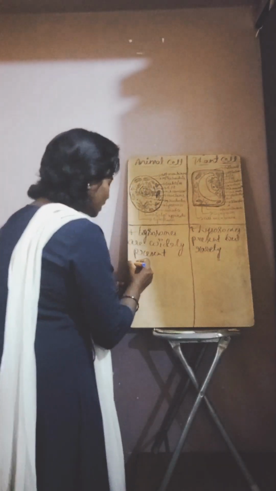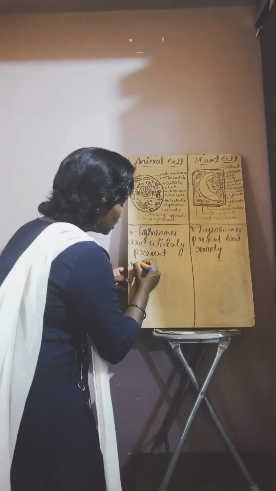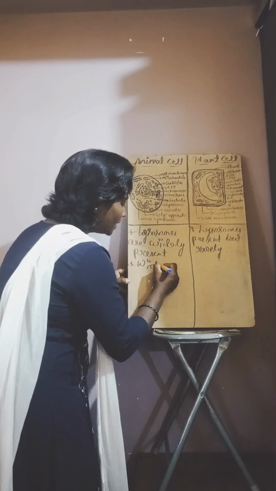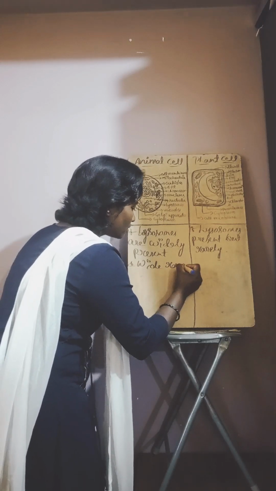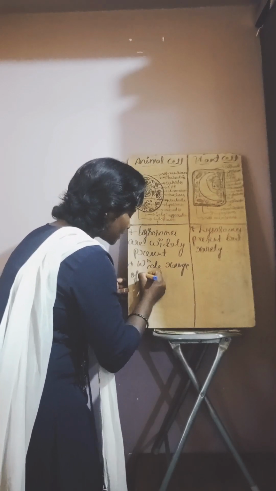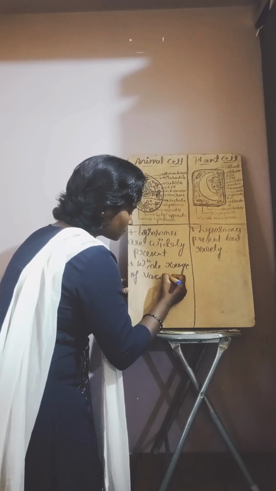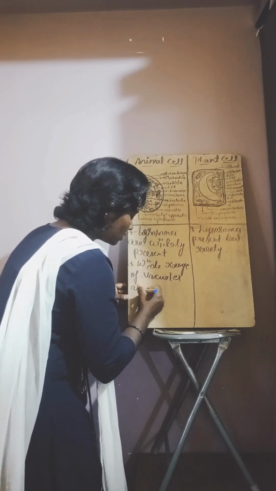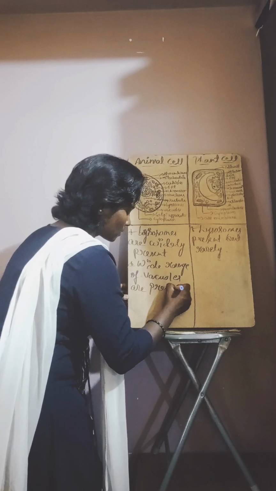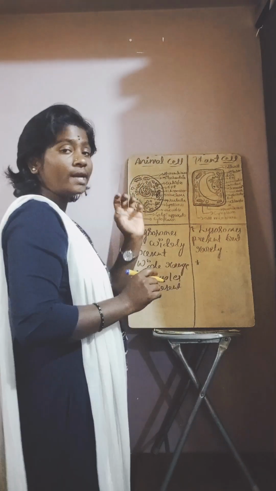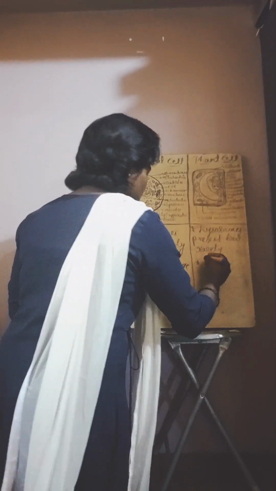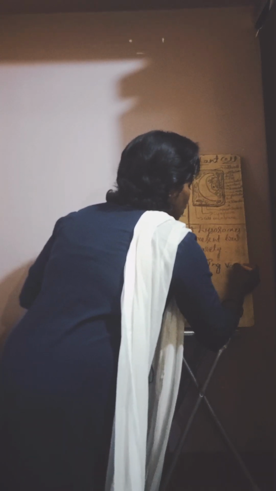Okay, and also we can see the vacuoles. In animal cells, a wide range of vacuoles are present. Here only one single vacuole is present.